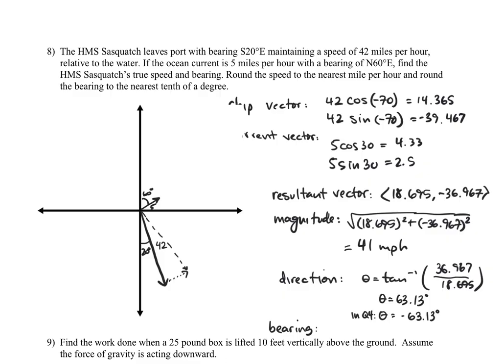So that would be south 26.8 degrees east. So there's the true speed of the boat, and that's the true bearing.